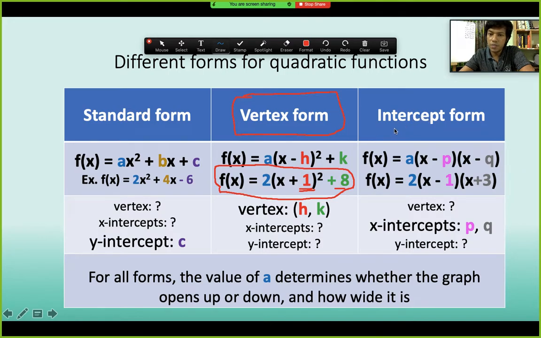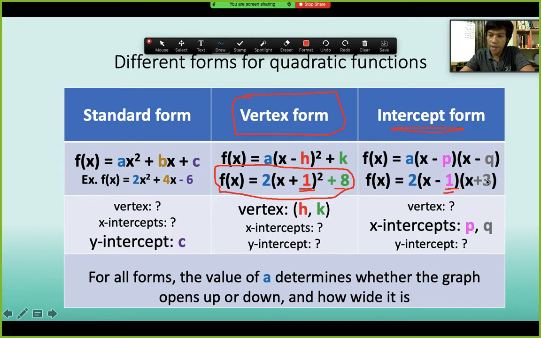Another form is this form. This is called intercept form. Why is it called intercept? Because we can easily find the intercepts from this kind of function. This is also quadratic: 2 times x minus 1, times x plus 3. In this case, this is x minus 1, that means plus 1 is an intercept.